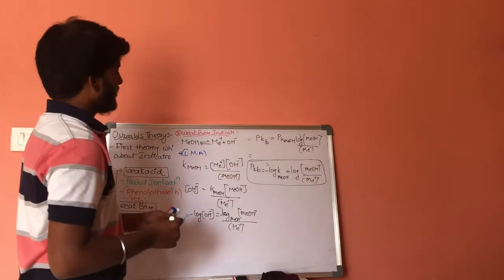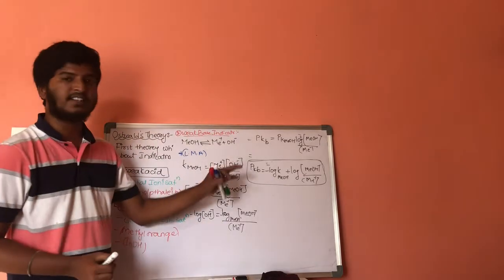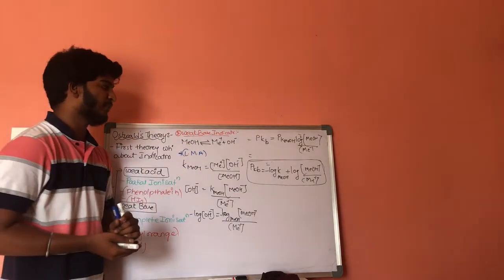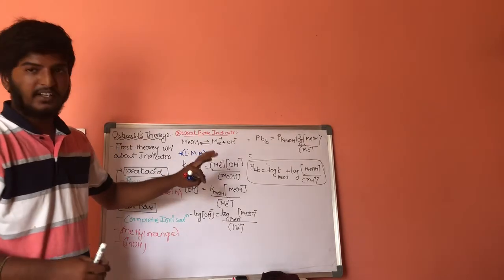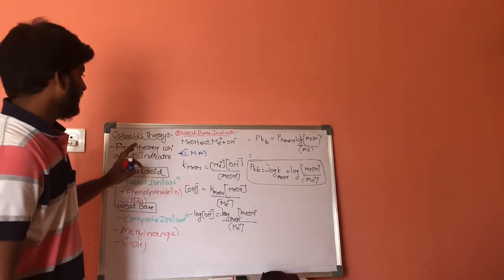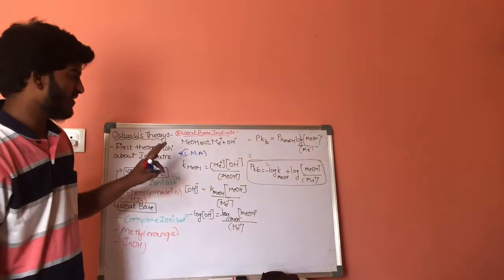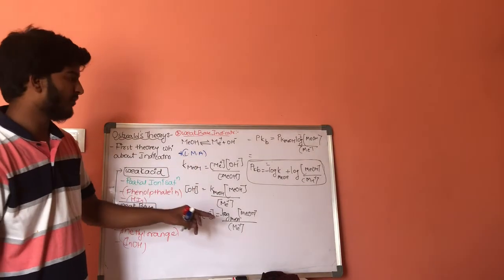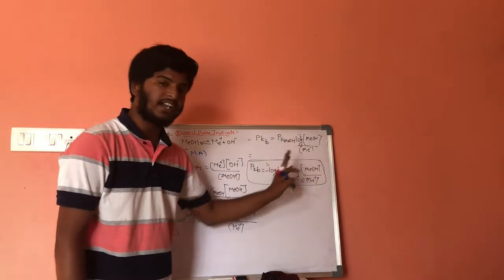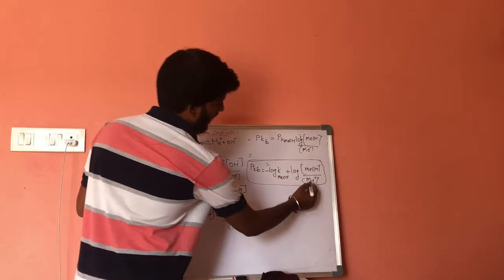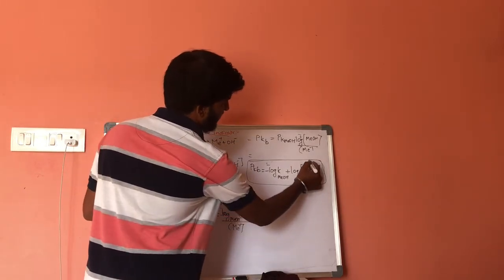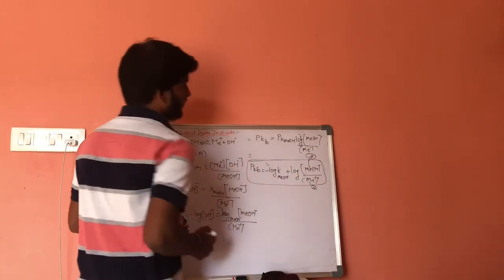Now we have discussed weak acids and weak bases. The change in color is dependent on the ratio of ionized form and unionized form. This is the ionized form and this is the unionized form.